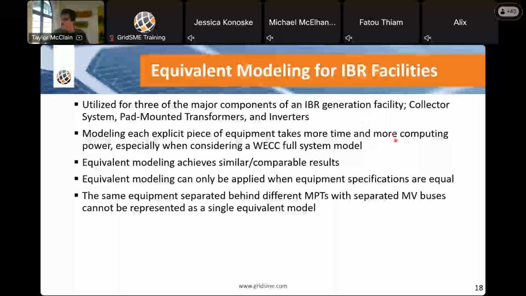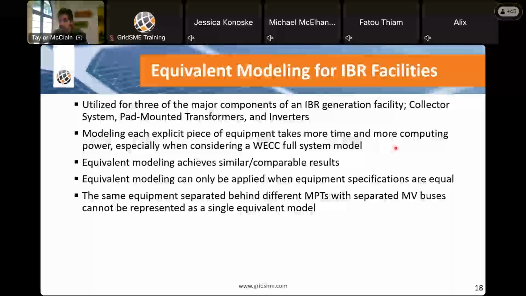And so, if we were to create a power flow model that had every single inverter modeled, we do some of these larger 500 plus megawatt facilities. Depending on if these are smaller inverters, you could be talking about hundreds of inverters that would have to be modeled.